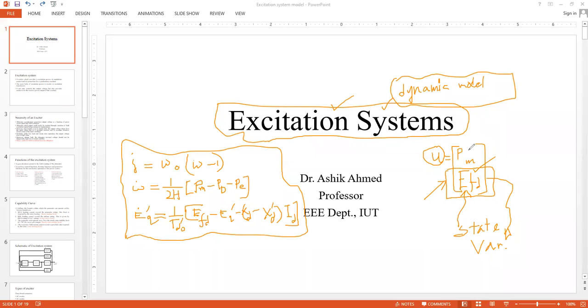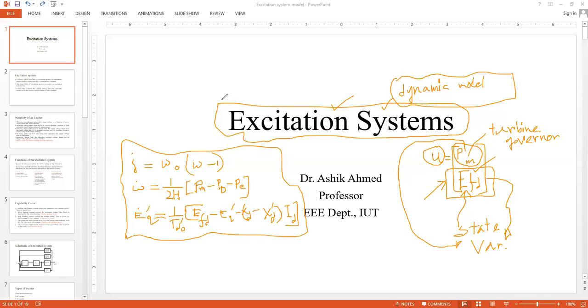And after that, when we continue later on, we will see that even this Pm, which is coming from the mechanical side, can also be modeled in a dynamic fashion, and that Pm will also become part of the state variables.